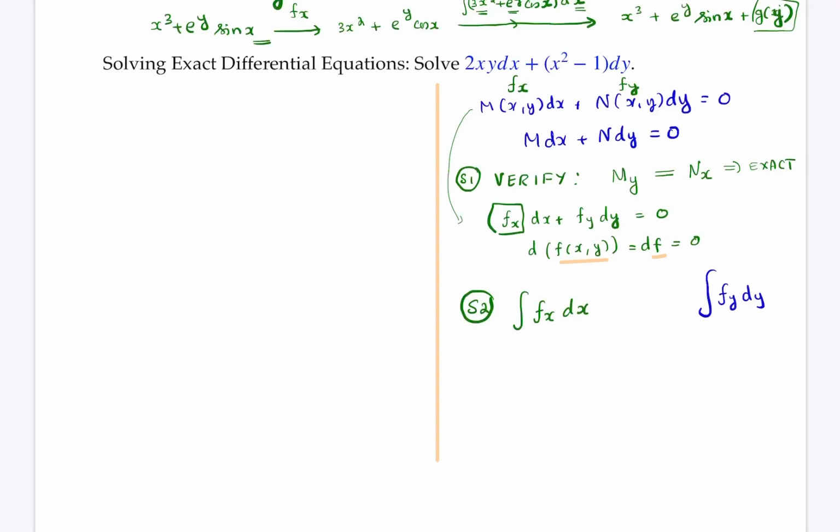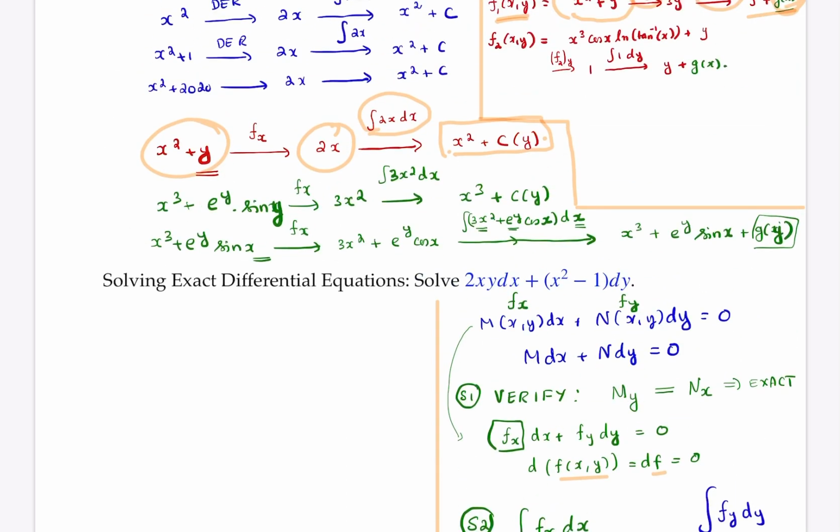When I do that, what's going to happen, ladies and gentlemen? Just like we did earlier, when we did this with fx, the partial of f with respect to x, we did not get arbitrary constants. Rather, we had an arbitrary function of y.